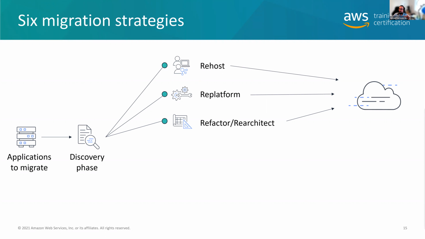This is the one where you're just going to redo the whole architecture and really optimize it for cloud. This one has the biggest investment, longest lead time, and potentially the most benefits. And then repurchasing is where you're like, hey, we're running MS SQL server here with our license. We're going to drop that and then run it up in cloud. So you're going to repurchase the license up there.